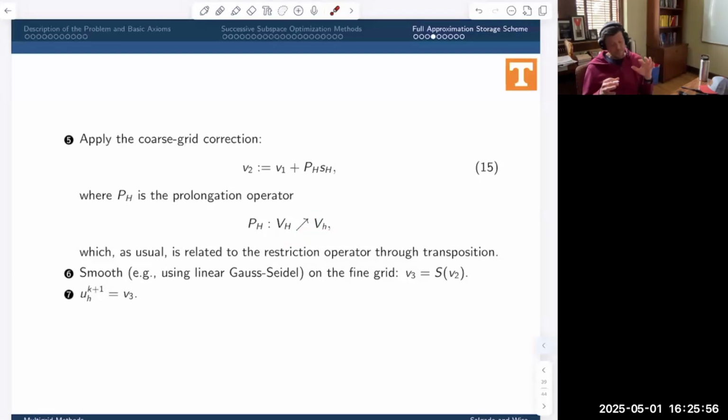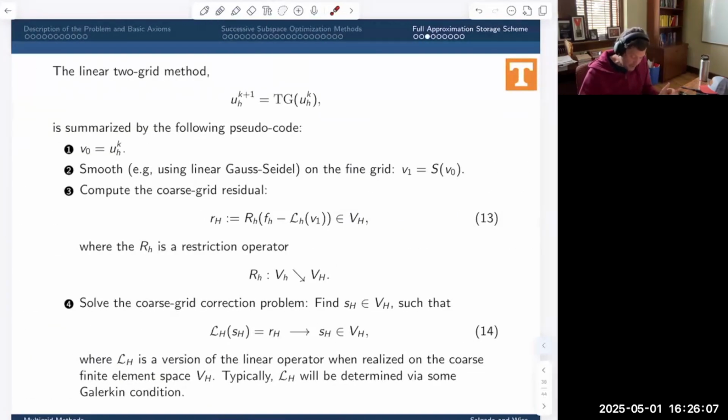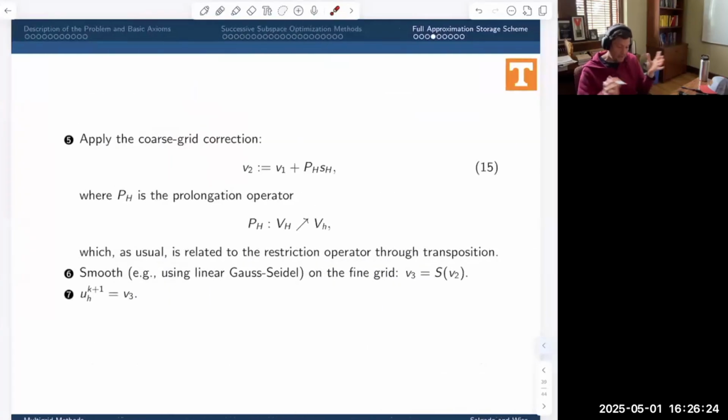All right, remember PH and RH are usually related to each other through the restriction operator, right? And I failed to mention, what is L capital H? L capital H is a version of the linear operator, but that is realized on the coarse finite element space, right? And usually LH in the previous work that we did was determined by some sort of Galerkin condition. Well, we solve that. We get SH. We push that up to the fine grid.